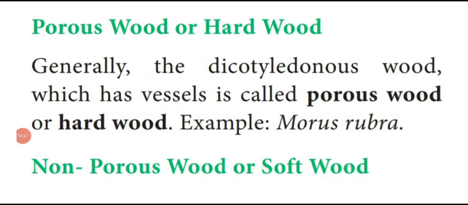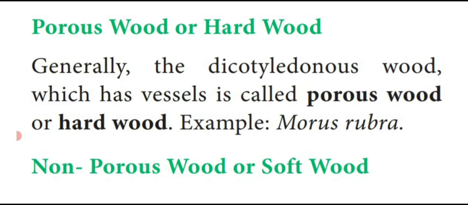So these are the two types of secondary xylem based on the relative distribution, different cell types, density and other properties. First one, porous wood or hardwood.